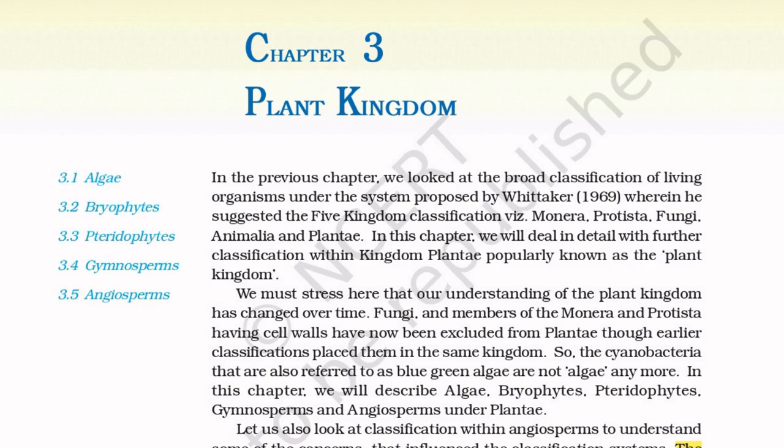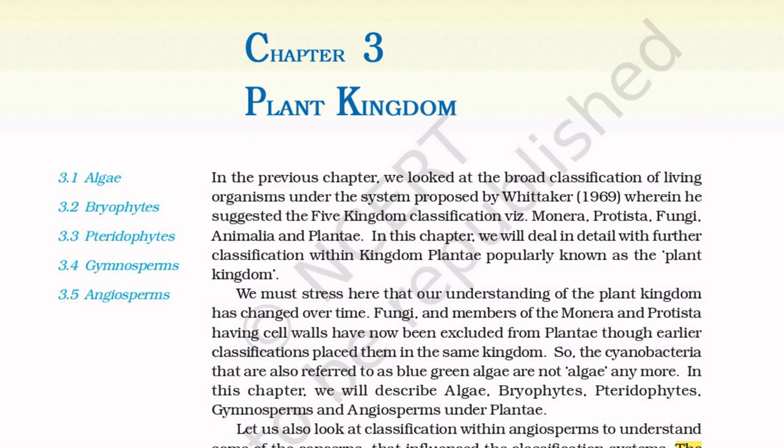Let us also look at classification within angiosperms to understand some of the concerns that influenced the classification systems. The earliest systems of classification used only gross, superficial, morphological characters such as habit, color, number and shape of leaves, etc. They were based mainly on vegetative characters or on the androecium structure system given by Linnaeus.